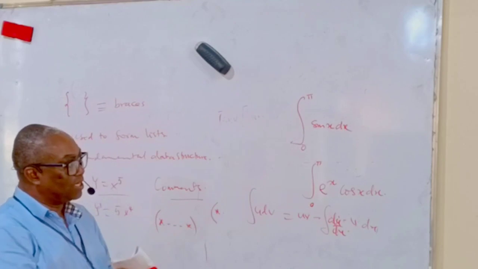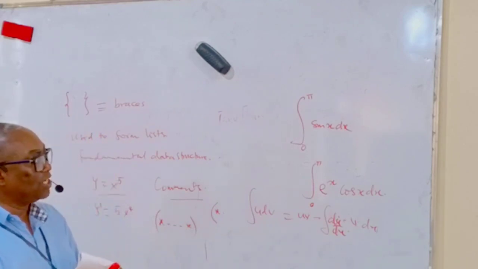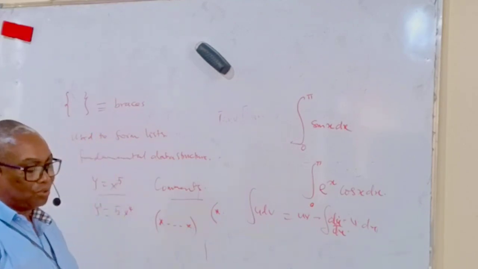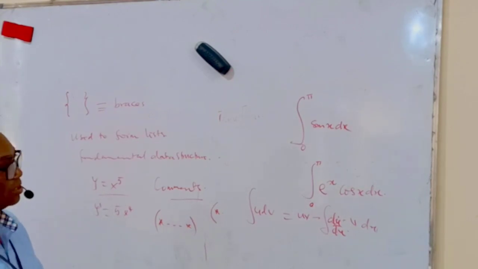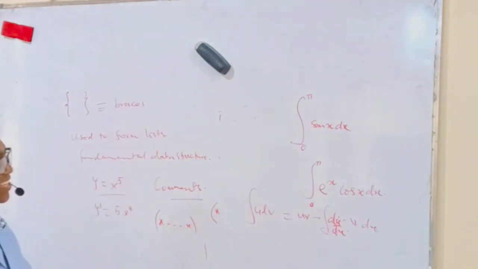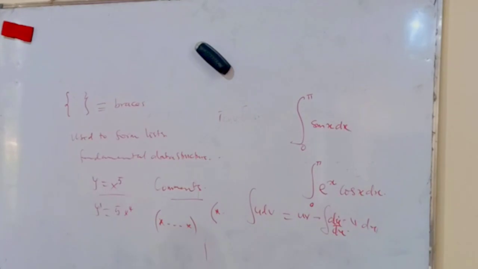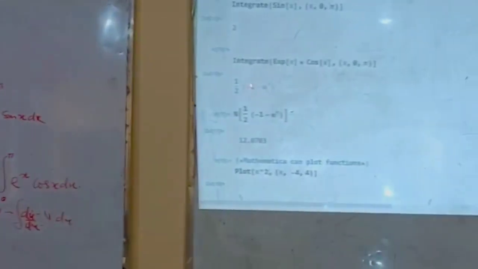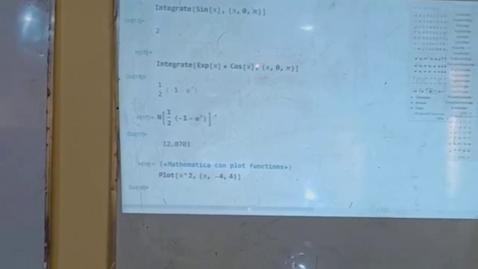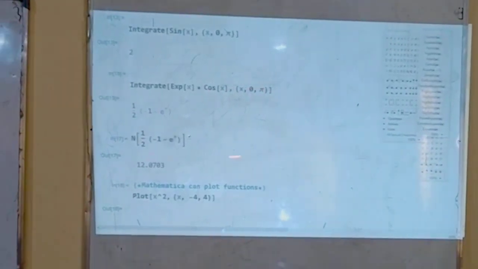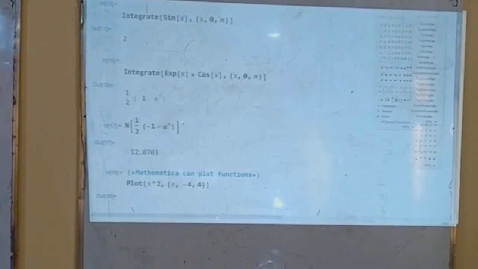It becomes a definite integral. Now you will see here, this will give me this. But if I didn't put this, it will integrate it to give me what the value should be.